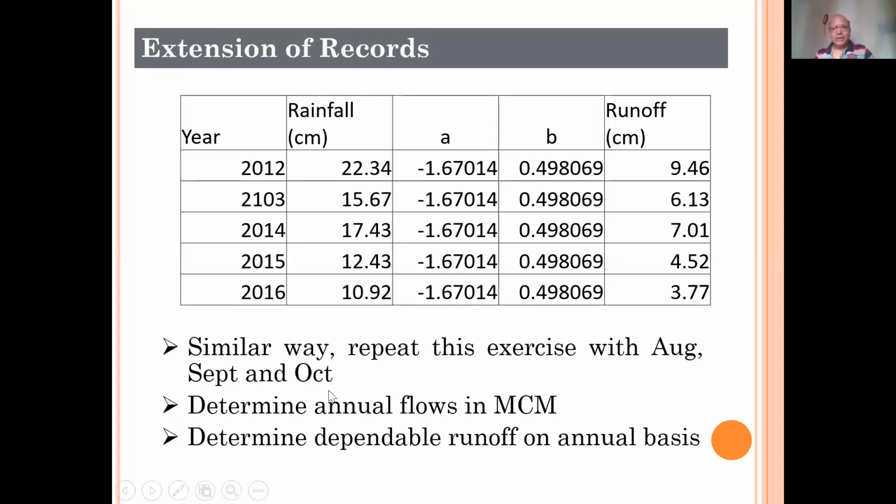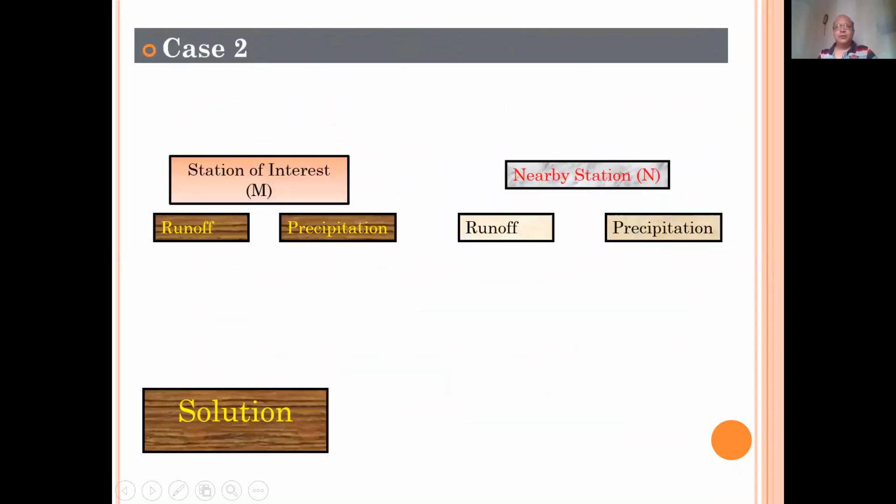Then we determine annual flow in MCM by adding all these monthly runoffs and multiplying by catchment area. So we determine it in the form of runoff, MCM. And again, we do the exercise we have seen in case 1. We can determine dependable runoff. So once we are having runoff, we can determine dependable runoff using this table.